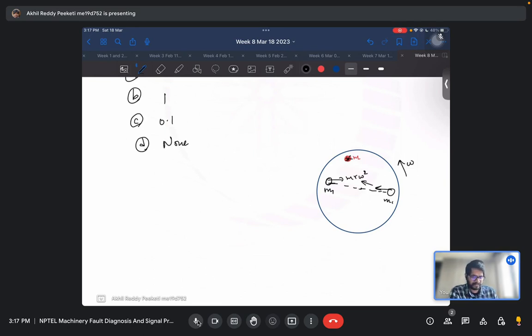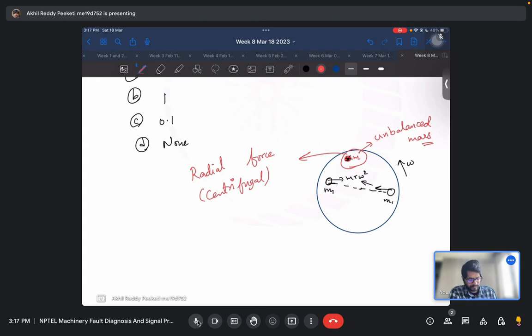But if there is an eccentricity, that means an unbalanced mass, there is nothing to cancel out the centrifugal force created due to that. So because of that, it will have an extra radial force due to centrifugal. And what will be that force? It is m r omega square, and in this case it will be the eccentricity, m e omega square.